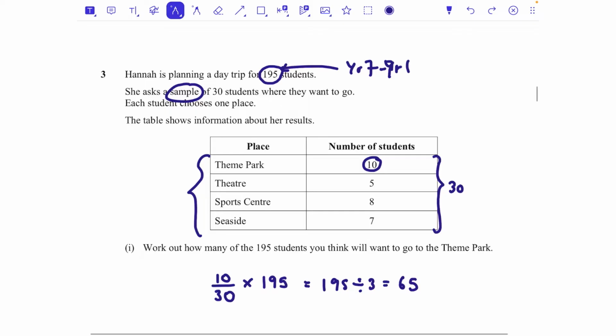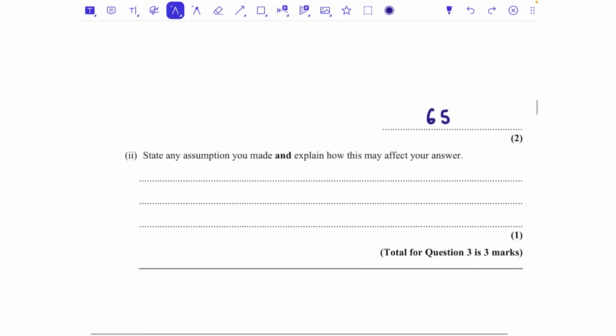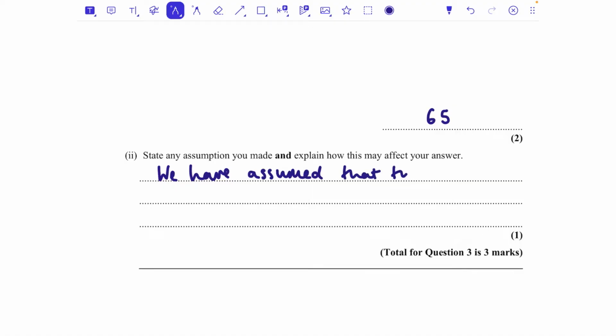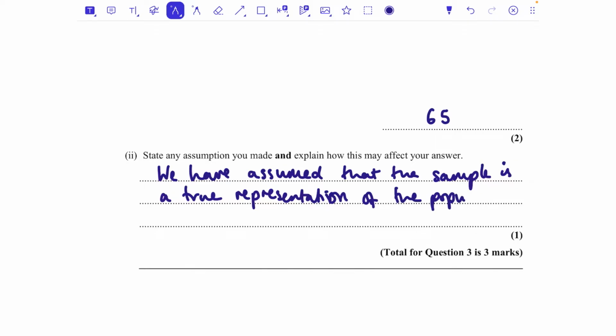So what we need to say is that we have assumed that the sample is a true representation or a good representation of the population, or of the 195 people going.